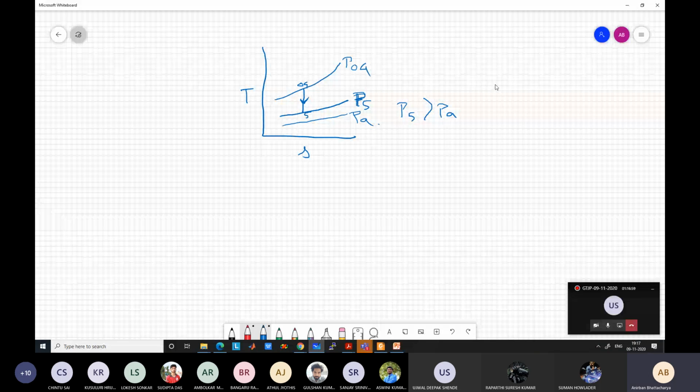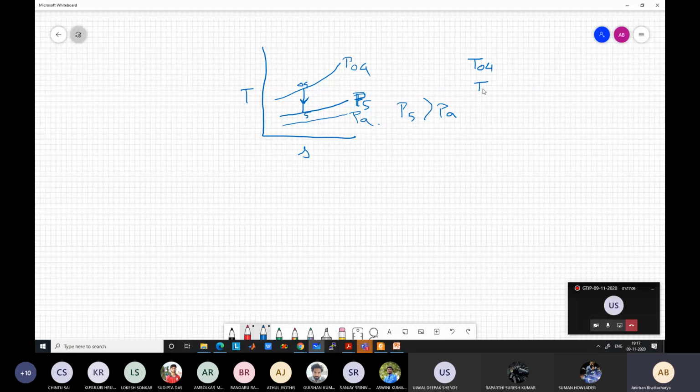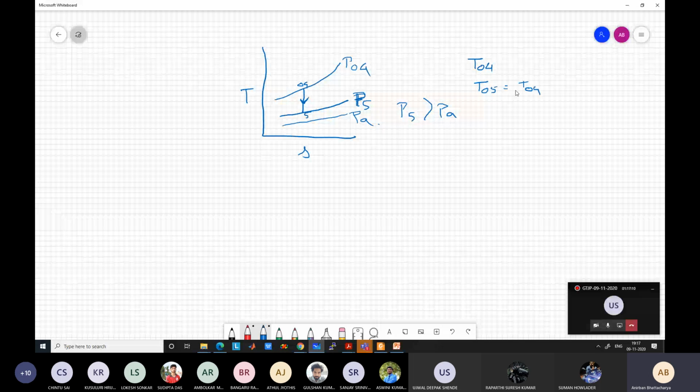Let us again revisit the steps once to summarize everything. T04 is known to us, and for an isentropic or adiabatic nozzle, T05 is equal to T04. So the 05 point is also here, coinciding with this same point.